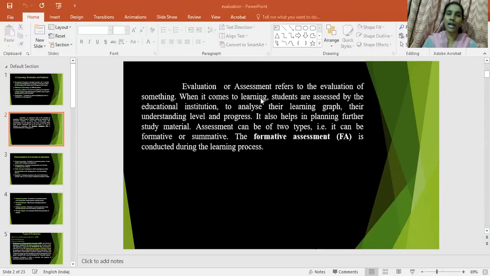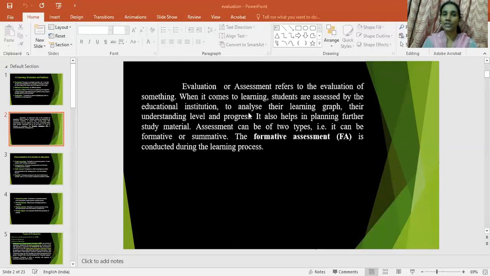Evaluation is also called assessment, and this refers to the evaluation of something or the evaluation of the learners in the educational system. When it comes to learning, students are assessed by the educational institution, or the students are assessed by the teachers.